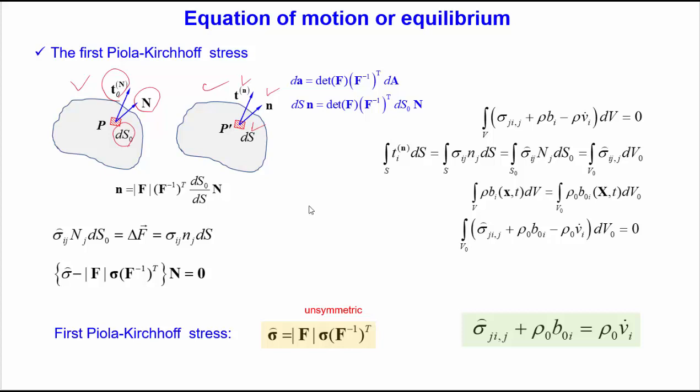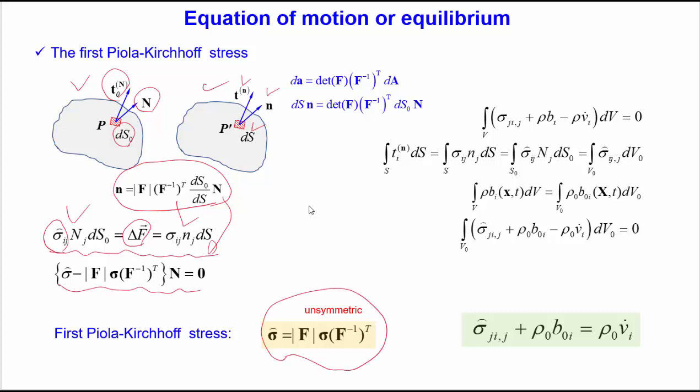Now define the first Piola-Kirchhoff stress, denoted by sigma cap, which meets this condition, that is, the force does not change between the two coordinate systems. Applying this relation, we can express the first Piola-Kirchhoff stress by this relationship with the Cauchy stress.